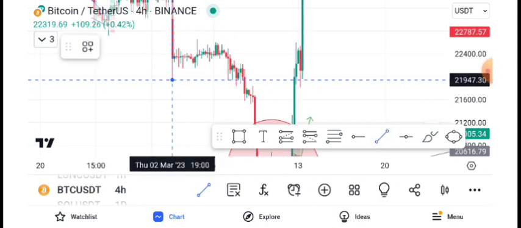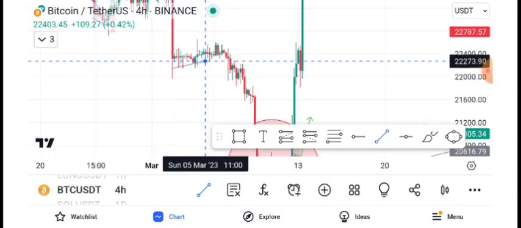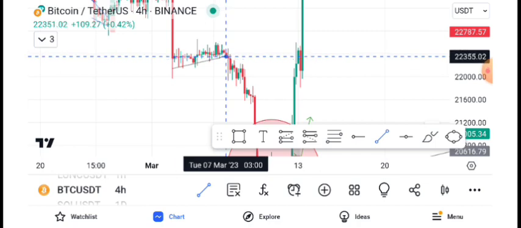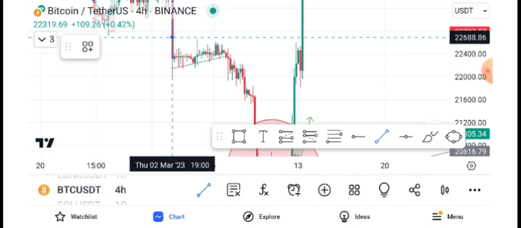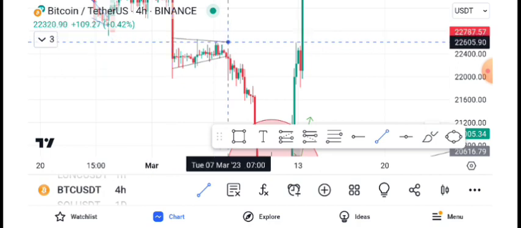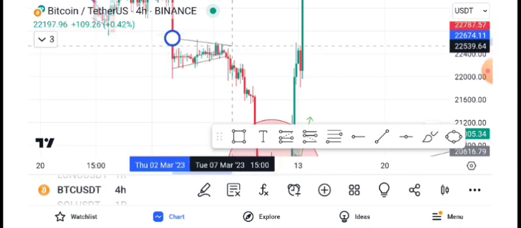I use my trend line like this. You set your trend line in the downward direction, then come to the upward and put your trend line. When you put your trend lines, as you see, it gives us that pattern.